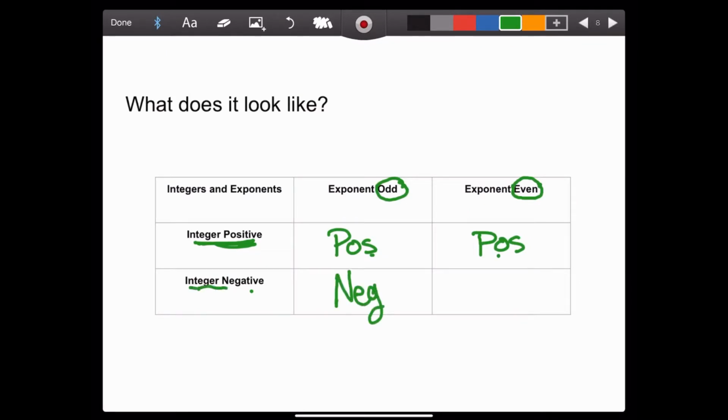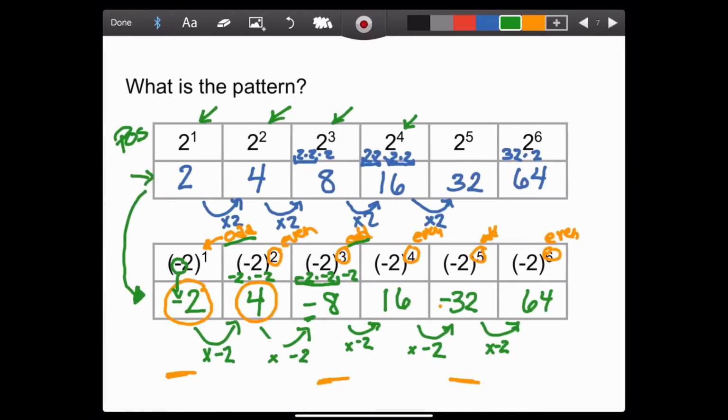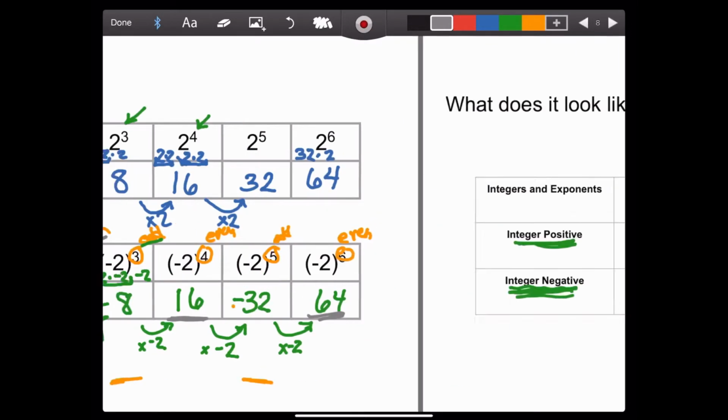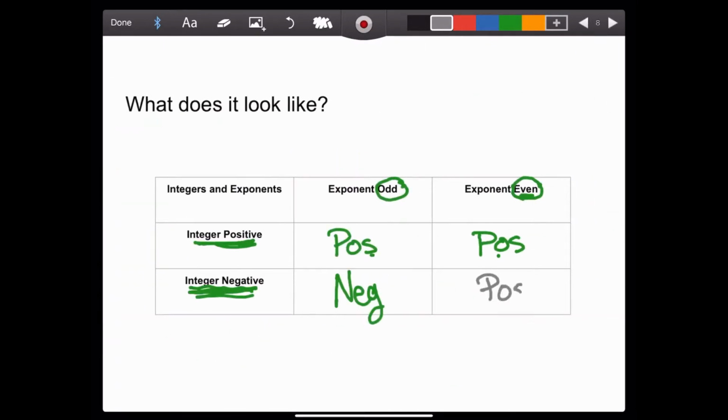However, when you have a negative integer and the exponent is even, so all these other ones here, so here's even and we have a negative integer, it's going to be positive. So this one's positive, positive, and positive. So then this is going to be positive.